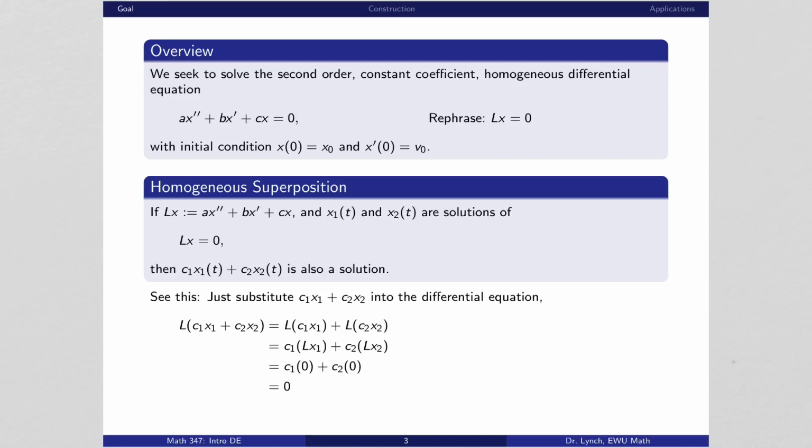Of course, x1 and x2 are solutions themselves, so when you hit x1 with L, you get 0, and when you hit x2 with L, you also get 0. So c1x1 + c2x2, when hit with L, gives you 0. It's a solution of the differential equation.